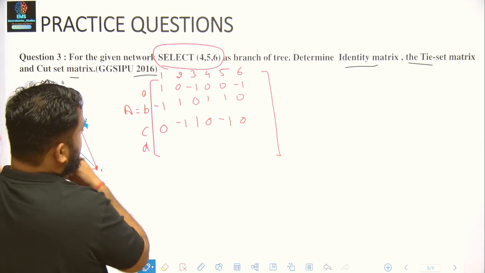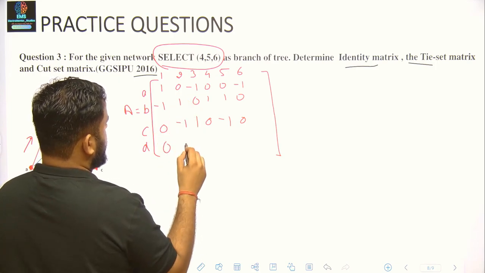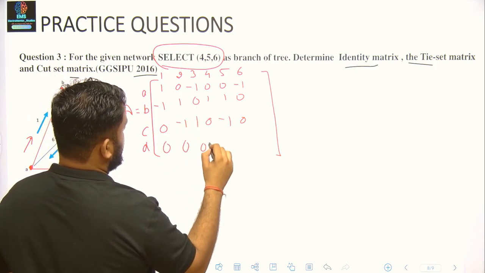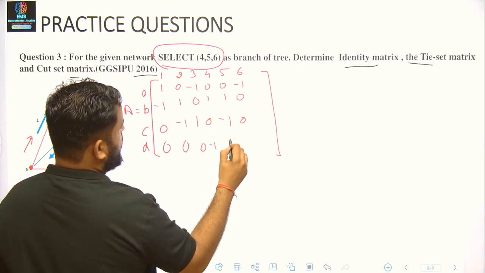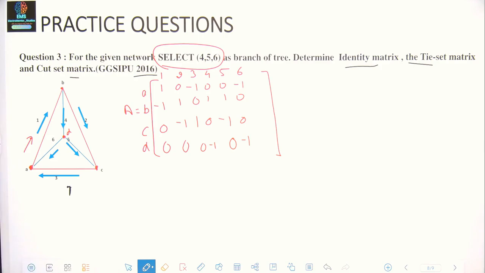For D, I'm not going to skip this part with the graph. 1, 1, 0, 0. Here we require -1 to make this 0, -1. So at D, have I written something wrong? 4 is incoming, -1. 5 is outgoing.